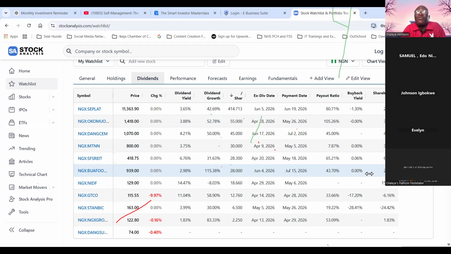You don't necessarily have to put it in the one that pays you 20%. Anything from 15% is good, as long as the company has a good track record. They are stable, you can withdraw your money when you need it, and they are not in any problem. Then you can put it in a money market fund.